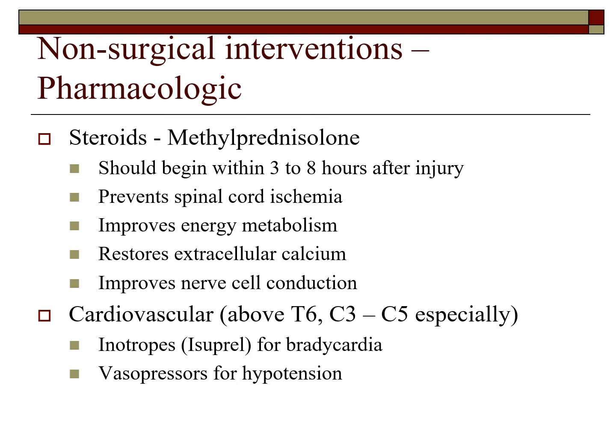Isoprel is a drip that can be used for bradycardia, so this is for a critically ill patient. They can use vasopressors for hypotension, but they could also use atropine if the patient requires atropine for the bradycardia.